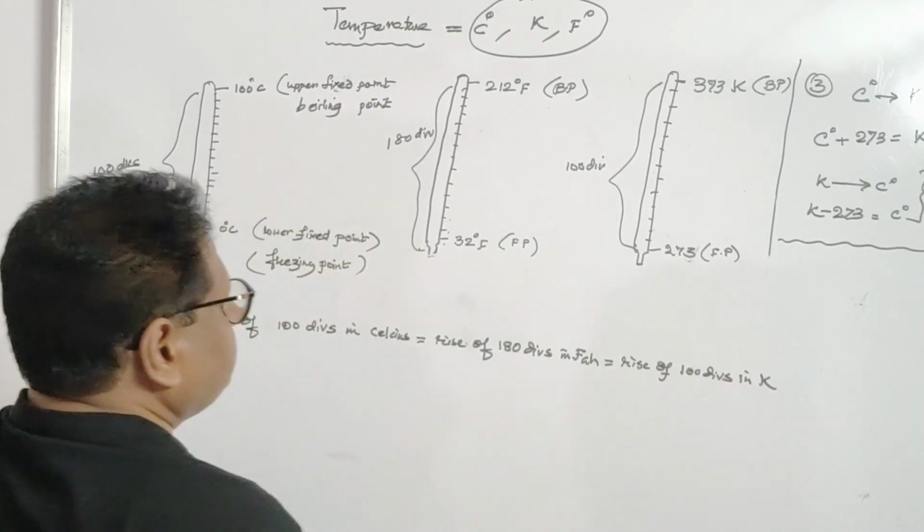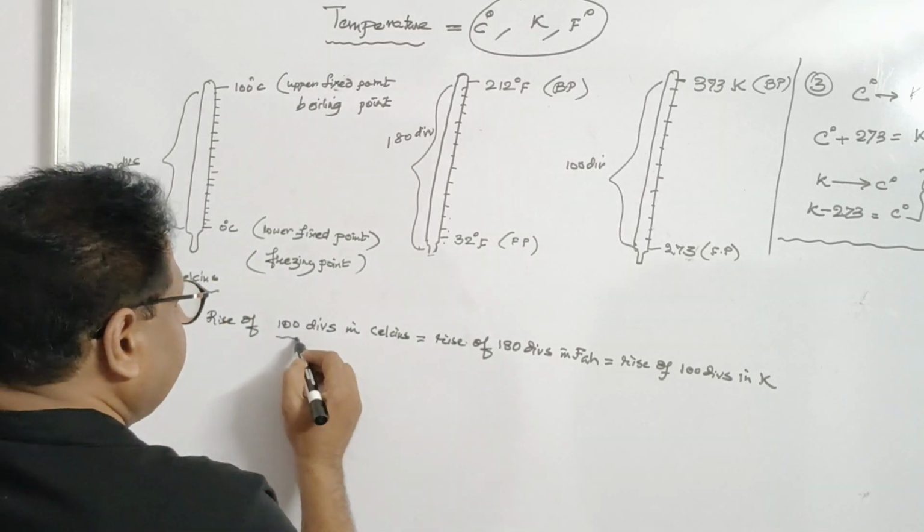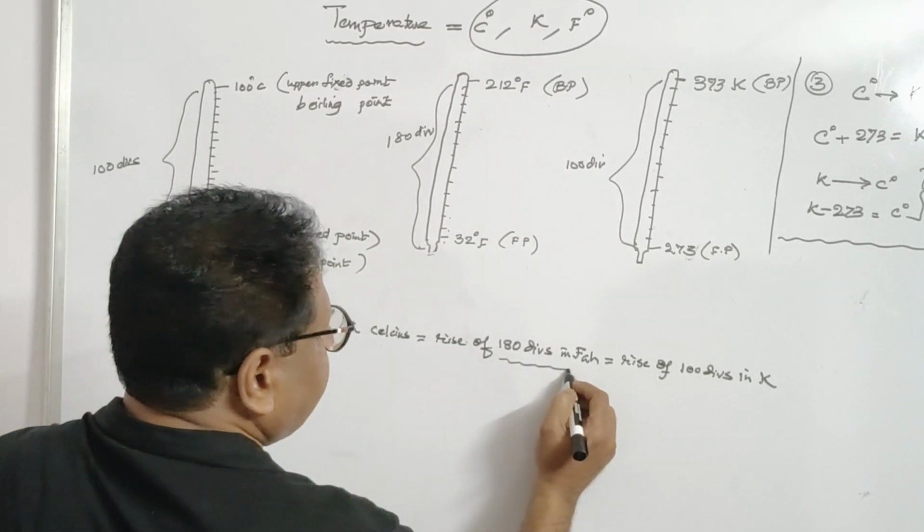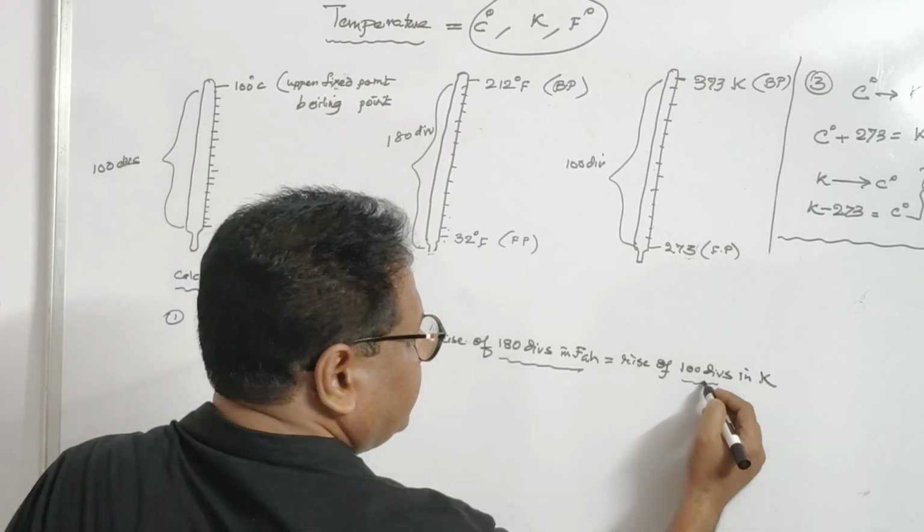So 100 divisions in Celsius equal 180 divisions in Fahrenheit, which equal 100 divisions in Kelvin scale.